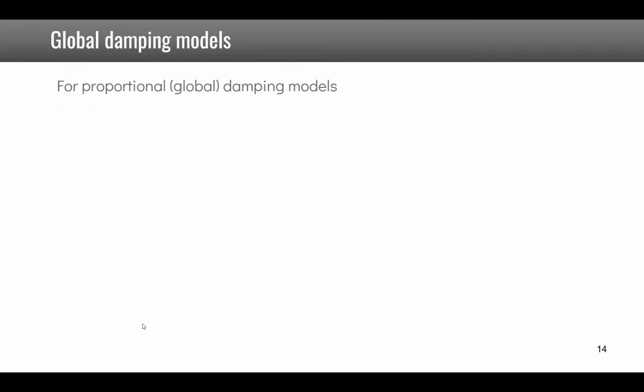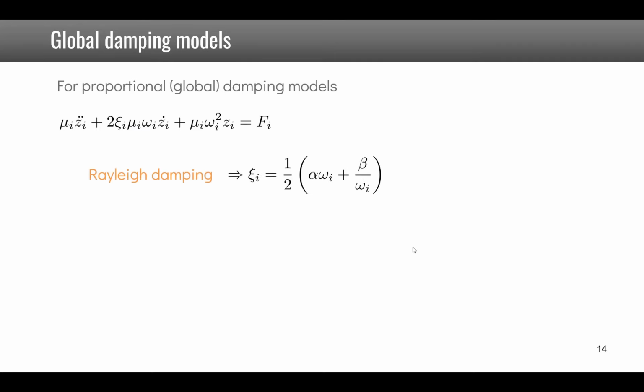But overall, for all of these global models, it's always possible to represent them by this modal equation of motion, where the damping of each mode is given by psi i. So for Rayleigh damping, the modal damping is given by 1/2 alpha omega i plus beta over omega i. So by setting the values of alpha and beta, you have the modal damping of each mode.